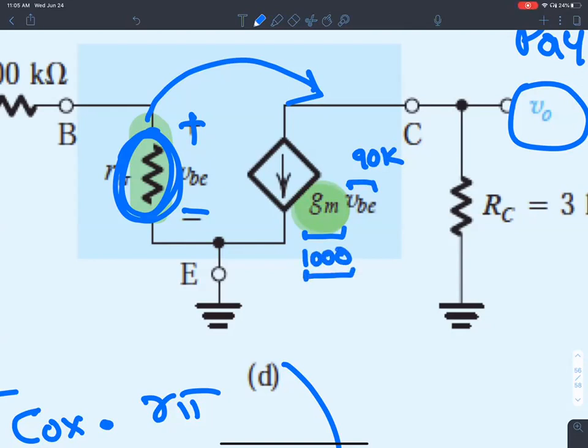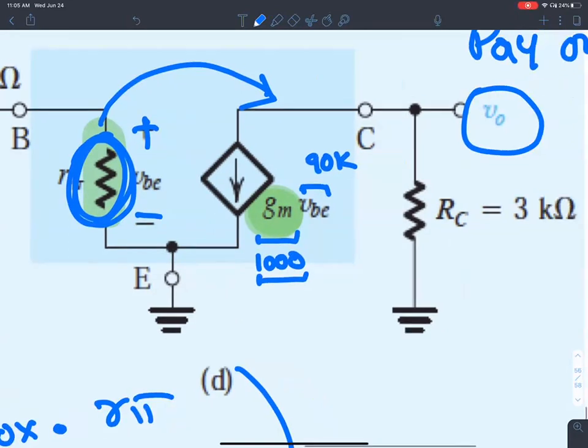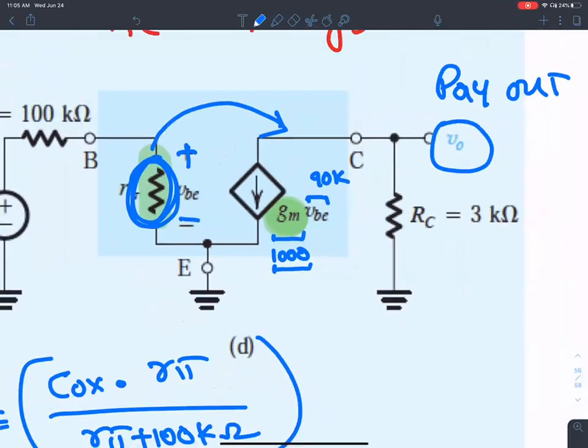Now what you have is a gain of 90 million that your 100,000 multiplied into.